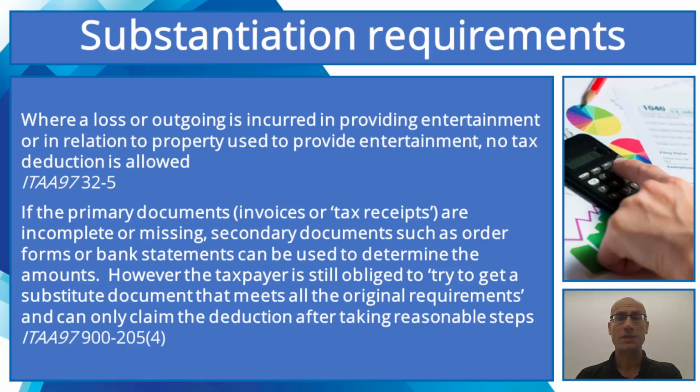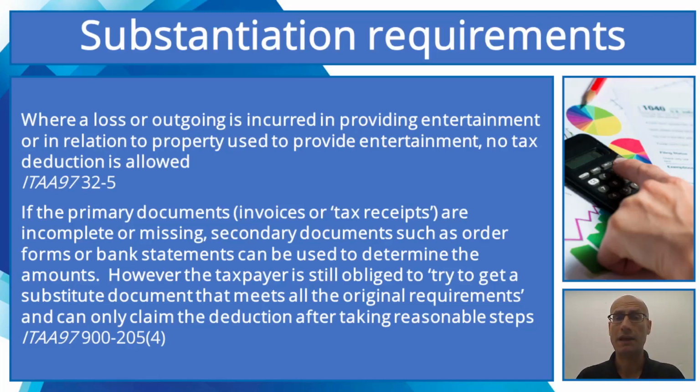Now, in situations where the invoice is lost, the taxpayer can still, in some circumstances, claim that particular amount. The requirement under the Act is that the taxpayer has to make an effort to try and obtain the original, or a copy of the original, to have that information.